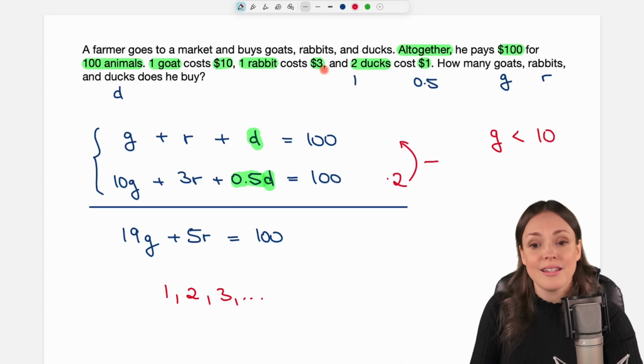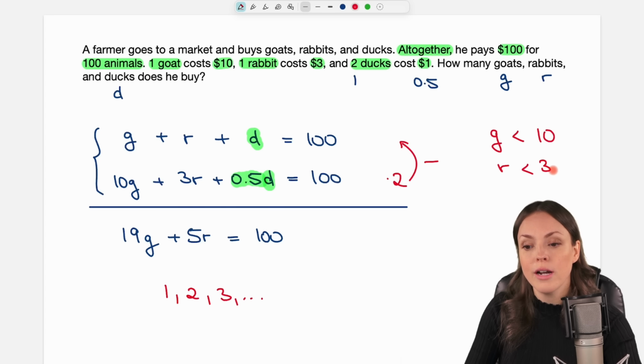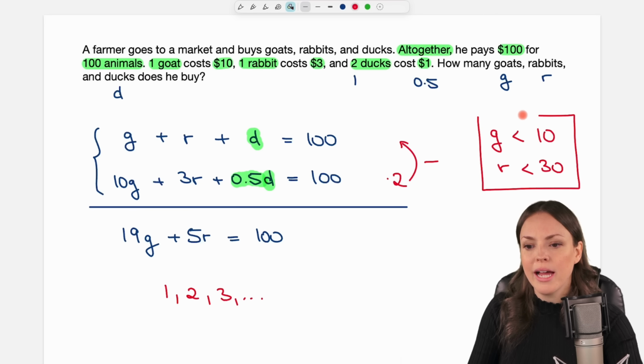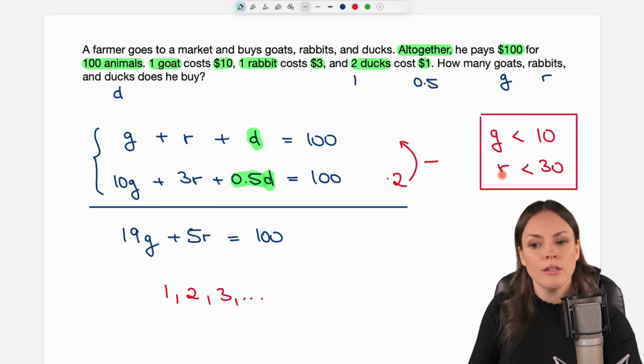So for the rabbits, $90, and each rabbit is $3. He can only buy 30 of the rabbits, so he has to buy less than 30 rabbits so that he doesn't exceed the $100. So we keep this in mind that we have these limits for G and R. Maybe they help us somewhere.